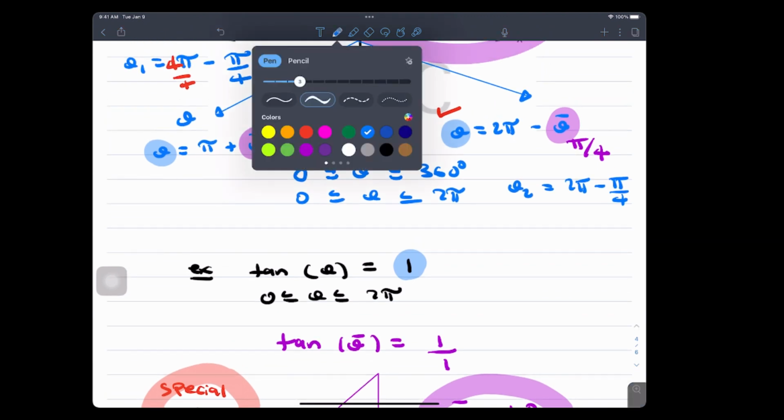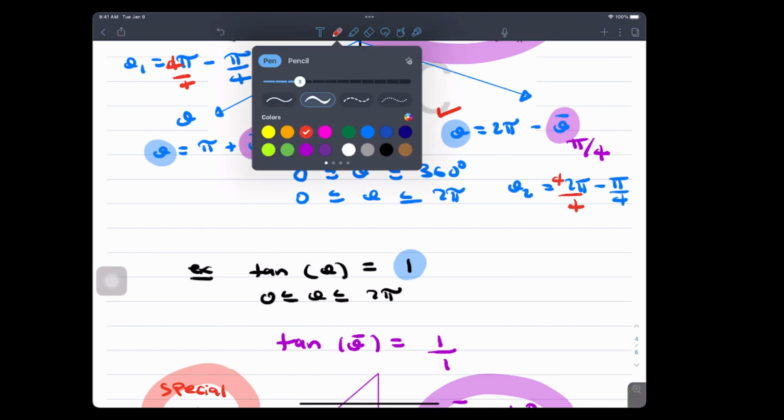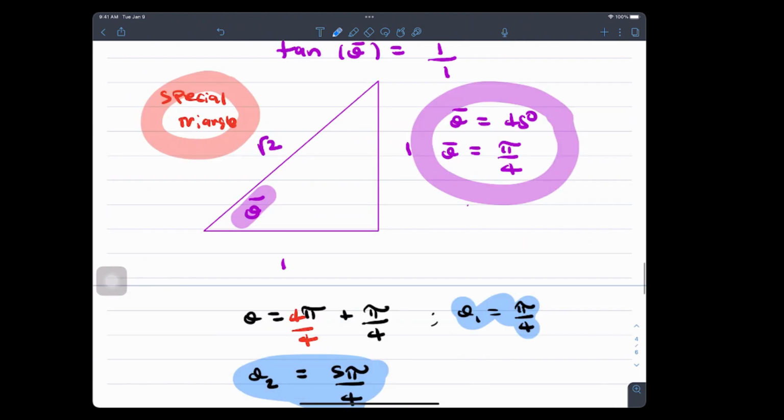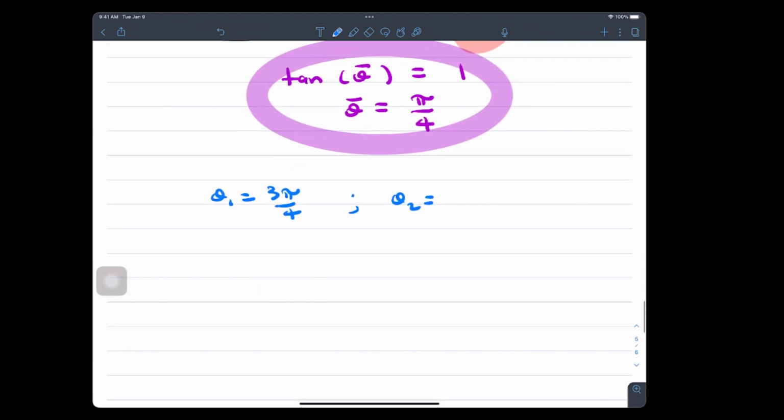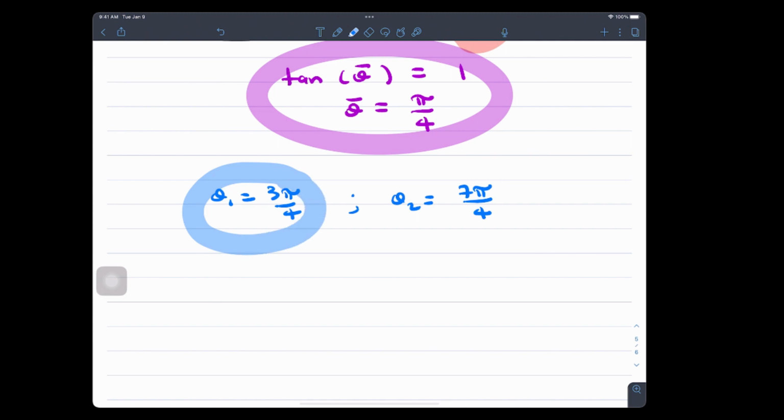You're going to do this multiplied by 4 over 4. So that's 8 pi minus 1 pi, which gives you what? 7 pi over 4. So here's your solutions, 3 pi over 4 and 7 pi over 4.